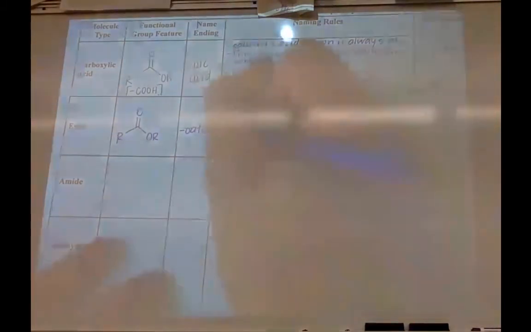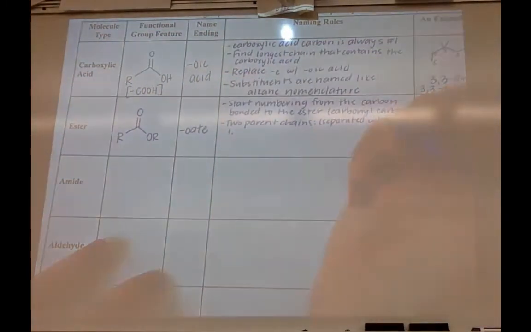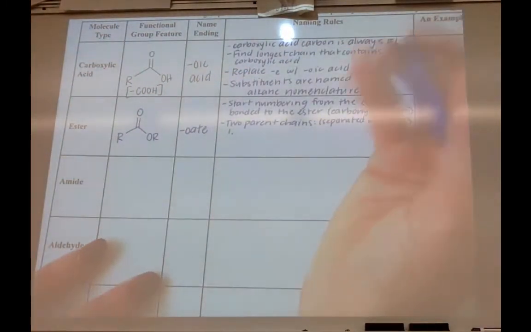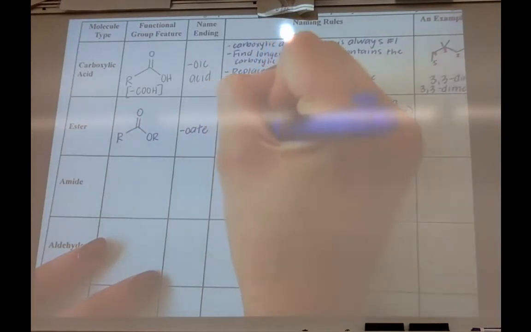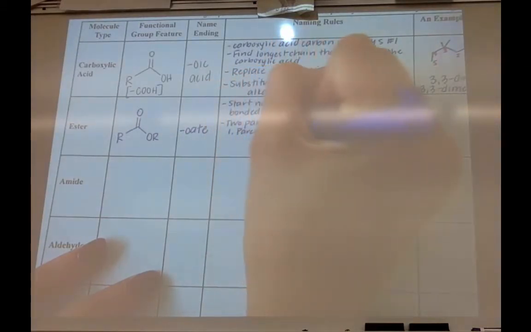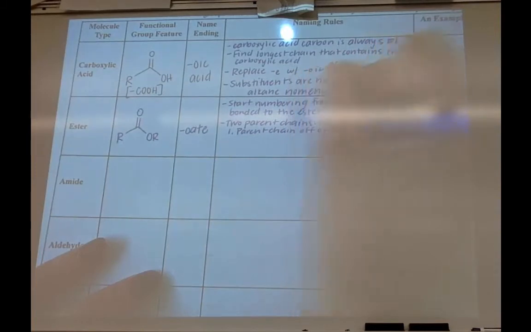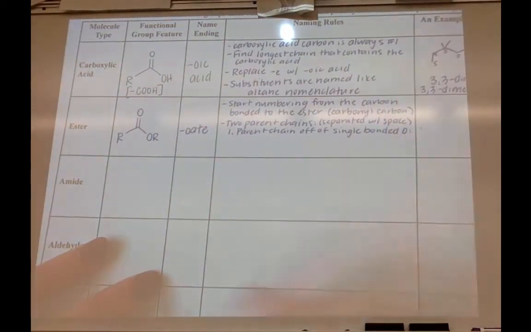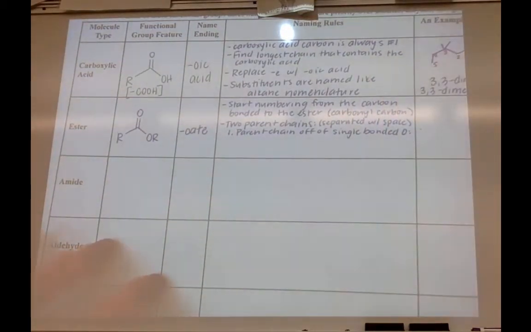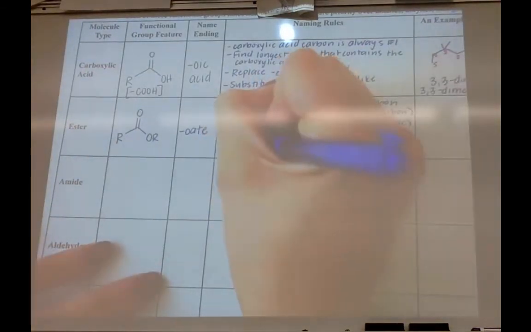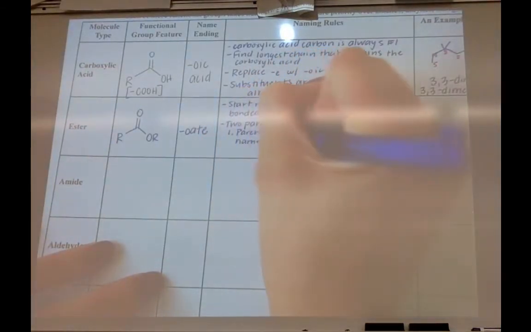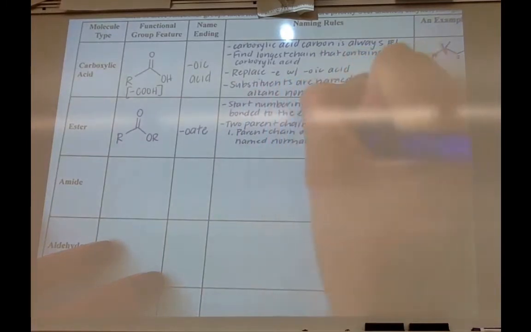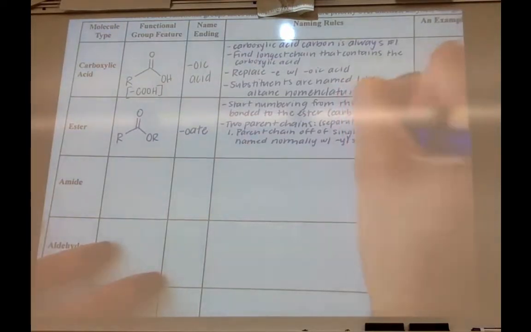So, first parent chain is the parent chain off of the single bonded oxygen. So the one off the single bonded oxygen is named normally, with the YL suffix, that YL ending.